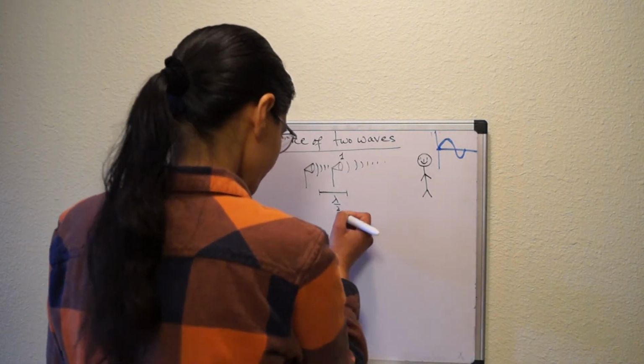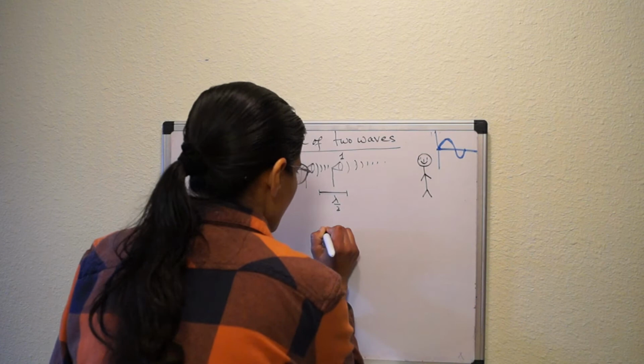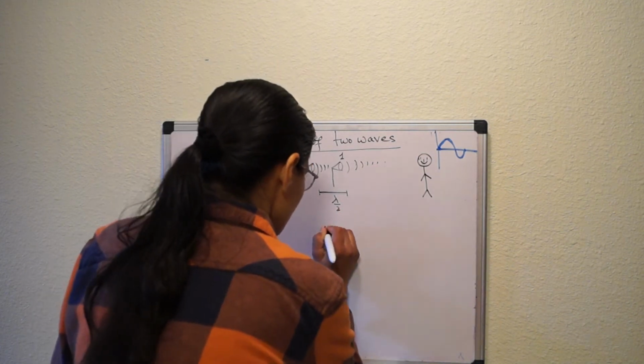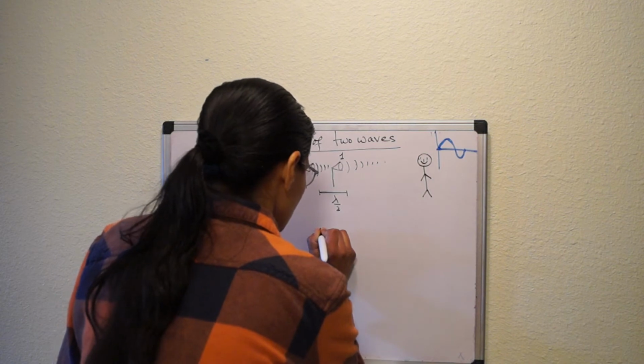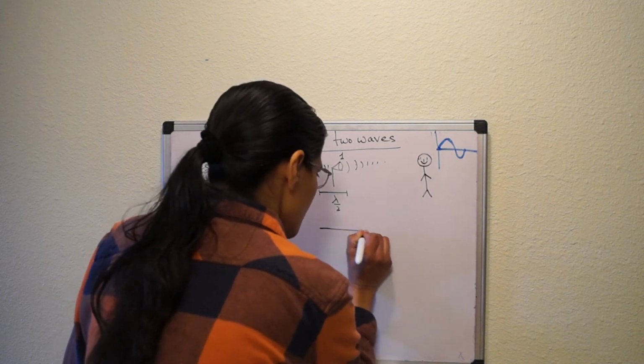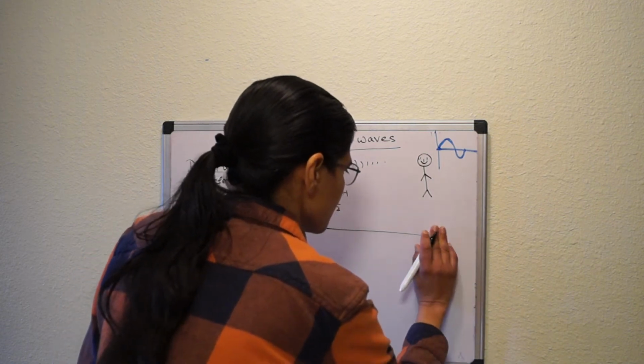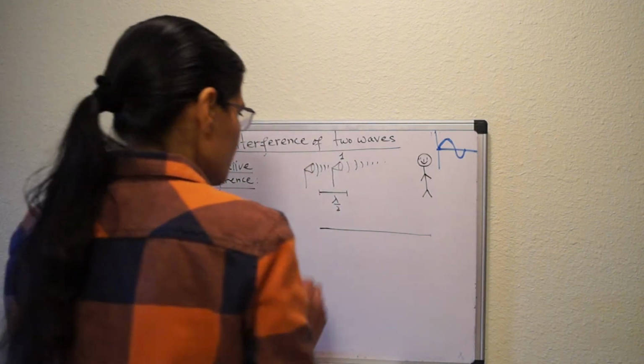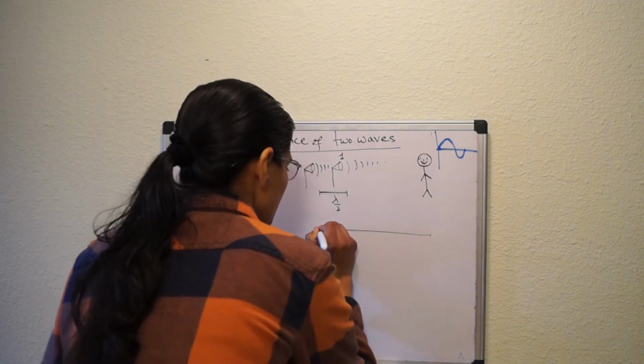This time I'm going to just make a horizontal line so it's easy for me to draw a diagram. So I'm going to just draw this all the way up to here. Okay. This first one is producing wave.